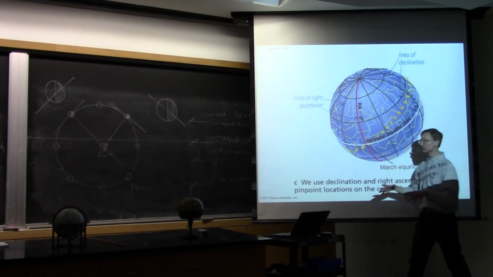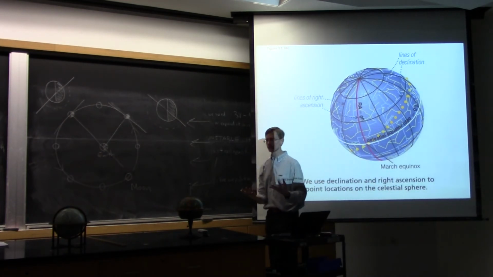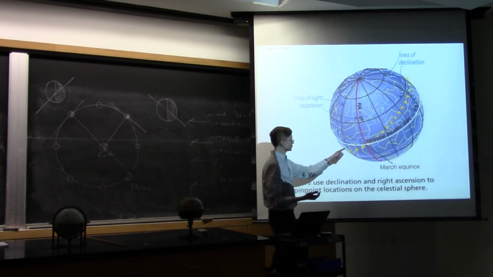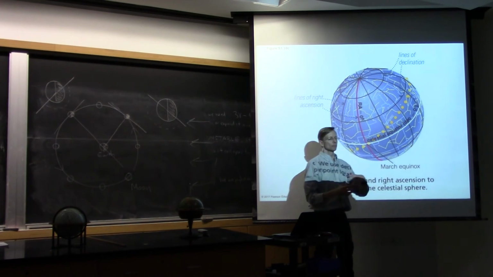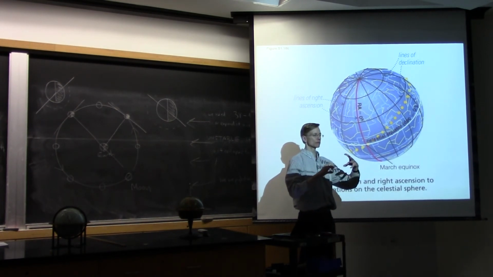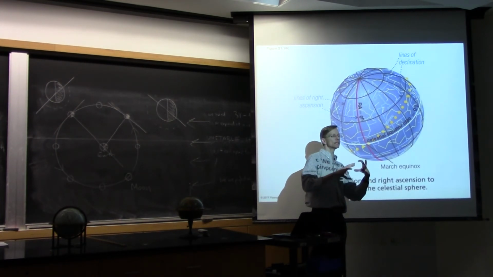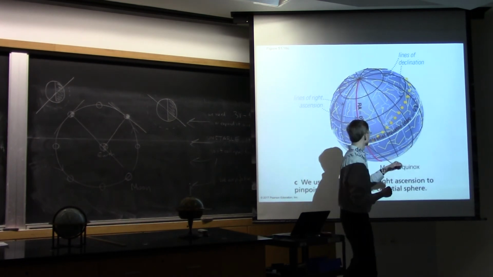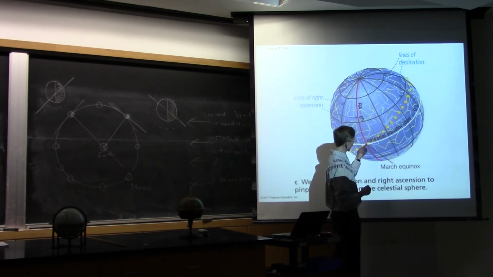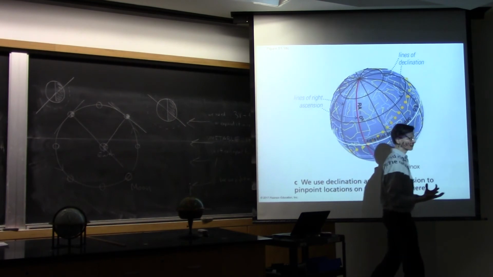So we use this funny system. We could just make it degrees along the celestial equator, but because the Earth turns once in 24 sidereal hours, we measure the right ascensions in time units.